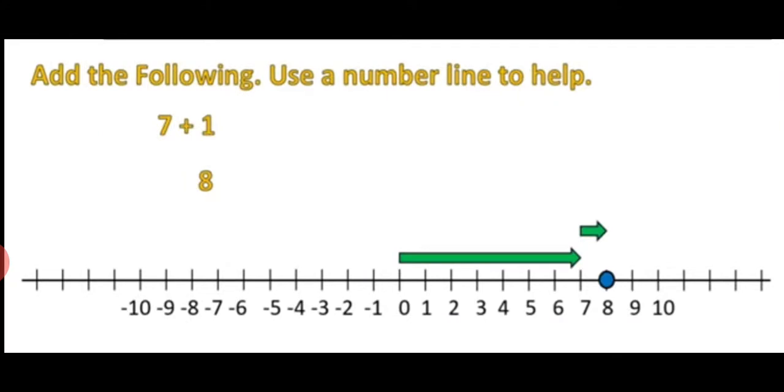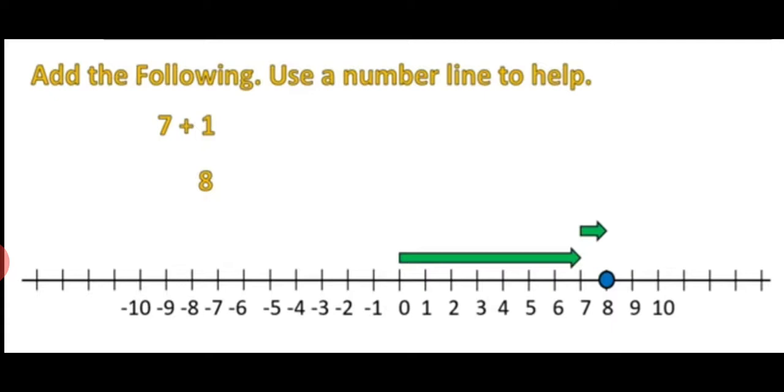So moving 1 unit, we got the result 8. You can see the green arrow, it is on plus 8. So the result is plus 8. Is it hard? I think no, it is very easy.